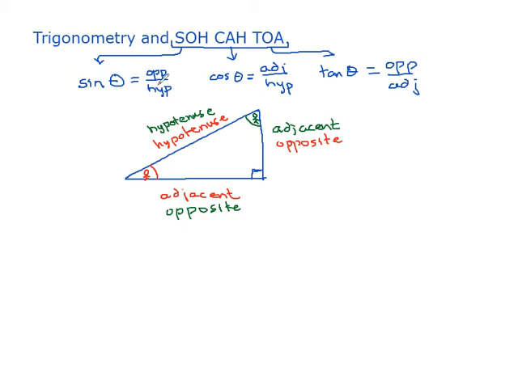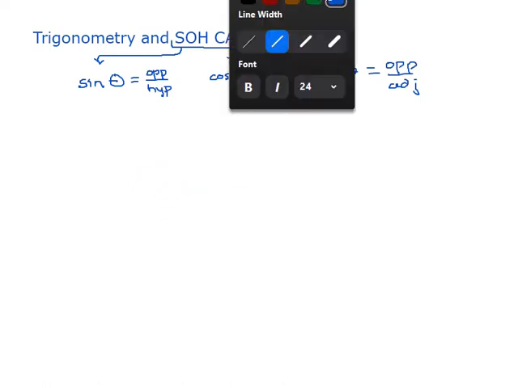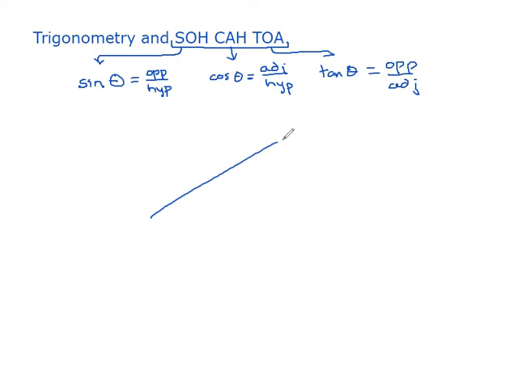So let's do a couple examples of that just to see how that's going to work. We can keep this triangle. Oh, no, we can't, because I'm not slick enough with the eraser, so new triangle. So if we have a triangle that's, let's say, 13 and 12 and 5, and this angle I believe is 22.6 degrees.